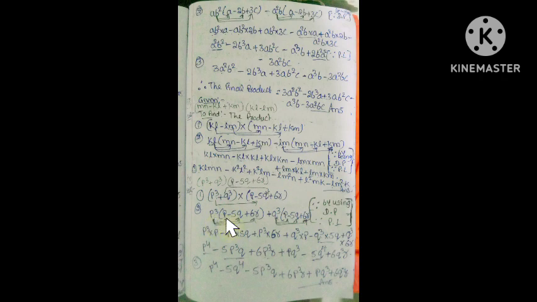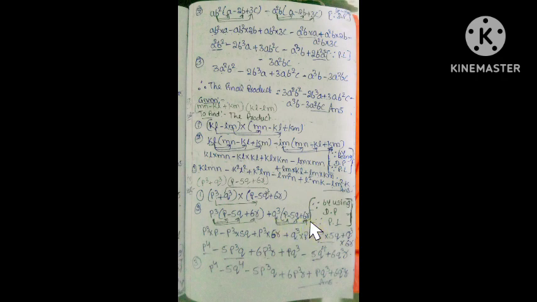So PQ into 3P, minus PQ into 5Q, plus PQ into the third term, 6R. So plus Q to the power of 3 into 3P, plus into minus is minus, Q to the power of 3 into 5Q, plus Q to the power of 3 into 6R.